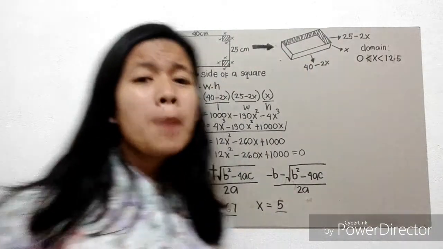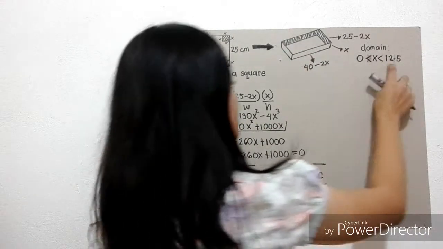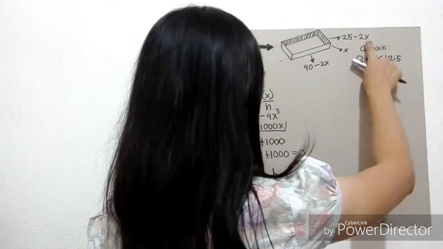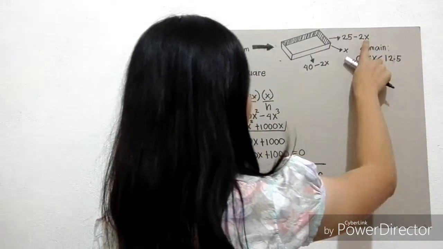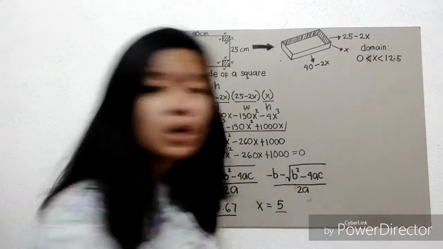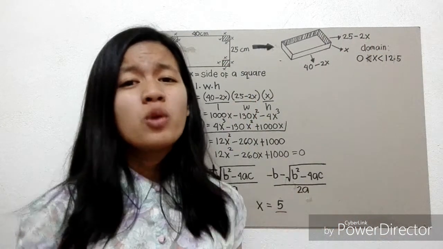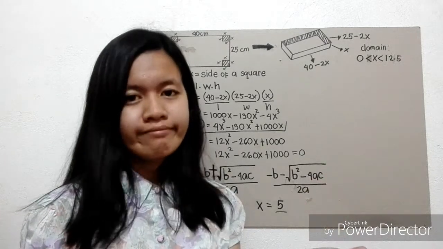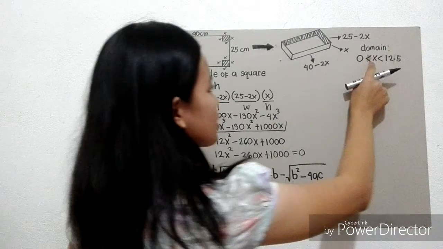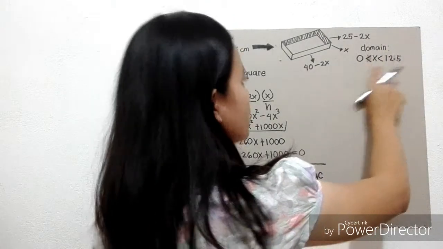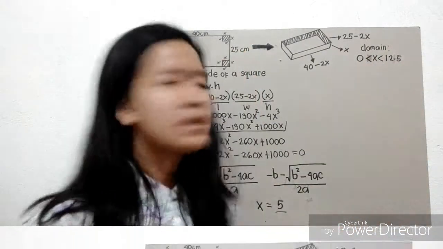Why? Because when we substitute 12.5 here, 2 times 12.5 would be 25, so 25 minus 25 is 0, which means you'll have no more cardboard at all. So that's why our x should be ranging from 1 to 12.4, at least like that.